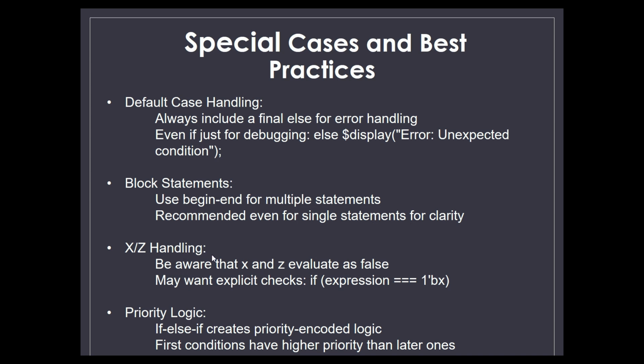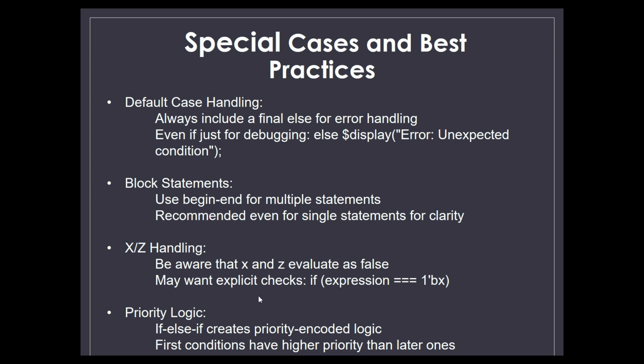Then x and z handling: as mentioned earlier, if x and z are in a single bit, then that condition is deemed to be false, but if they occur with at least one bit being one, then the whole condition will become true. So make sure of this if your condition expression has x or z in it.